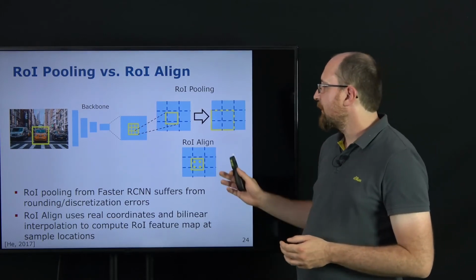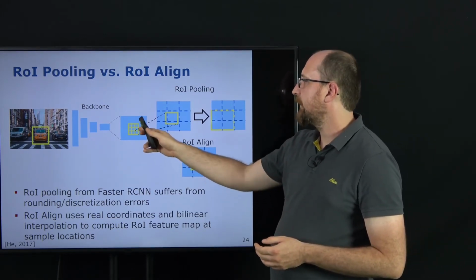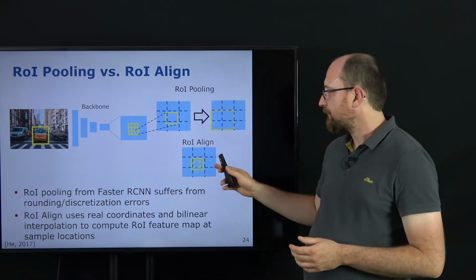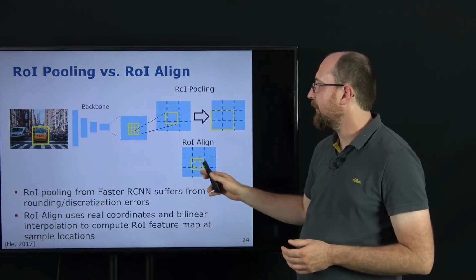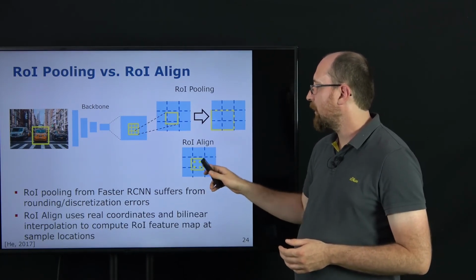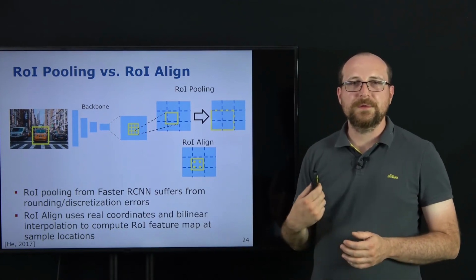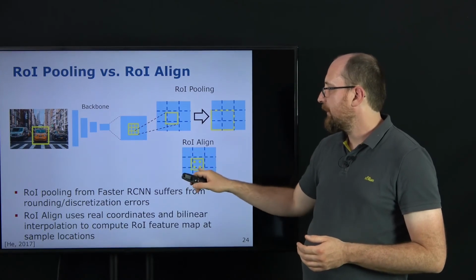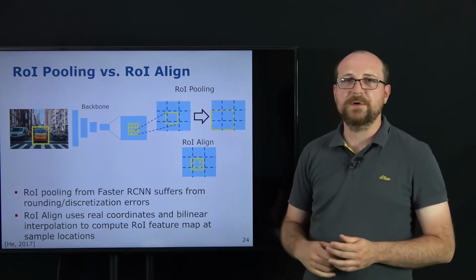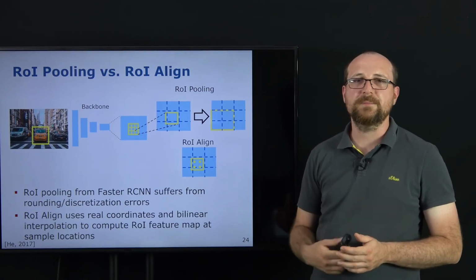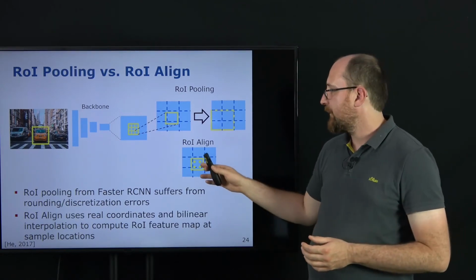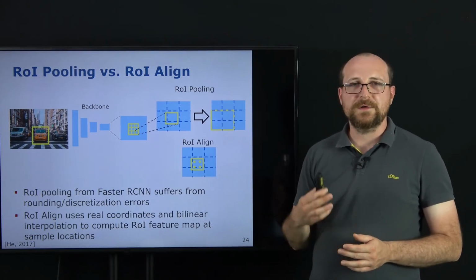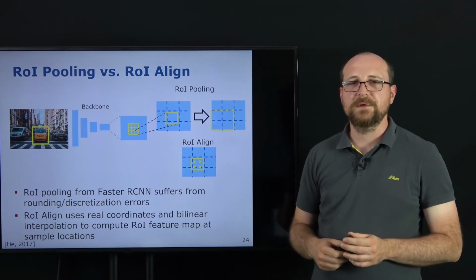And for this, they propose to use for each cell of the output region of interest feature map a bilinear interpolation. So for each cell, we are using 4 places where we do a bilinear interpolation of the feature map entries, and then we're accumulating the feature contributions in this bilinear interpolation way, such that we are getting the precise location of this feature and the precise location of the bounding box in the end.